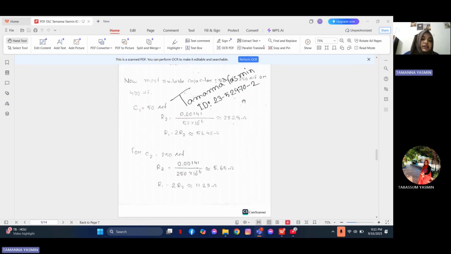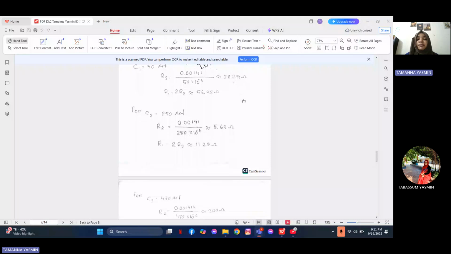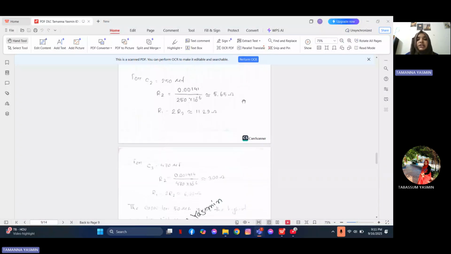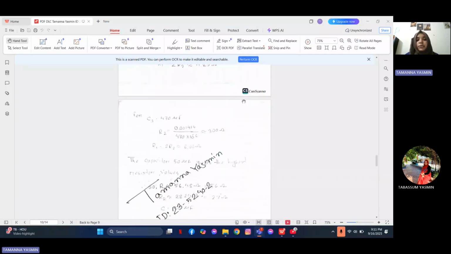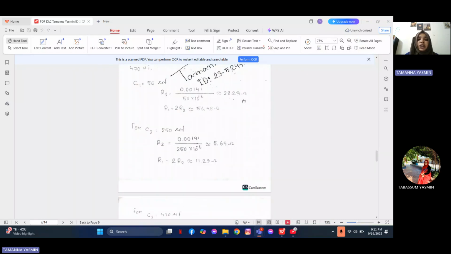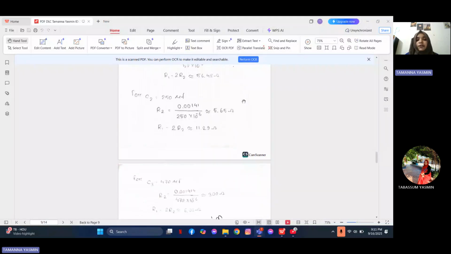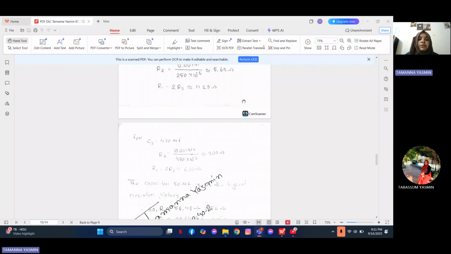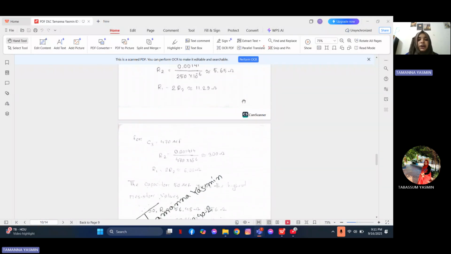For C1, my R1 is 56.48 ohm and R2 is 11.29 ohm. For C2, my R2 is 5.65 ohm and R1 is 11.29 ohm.